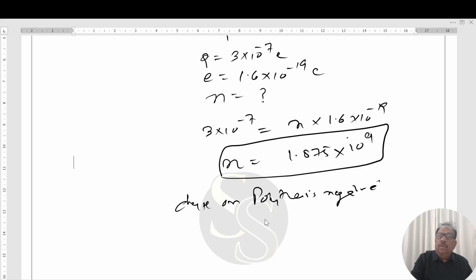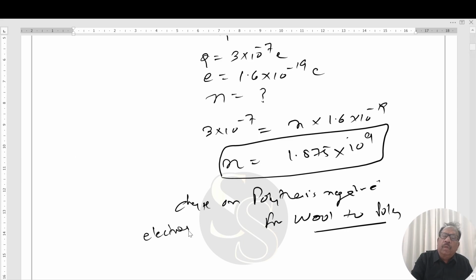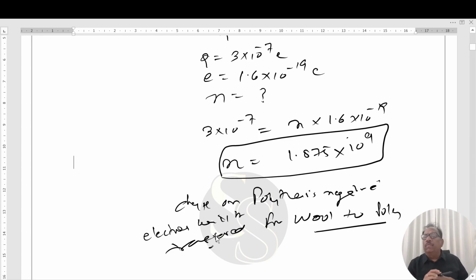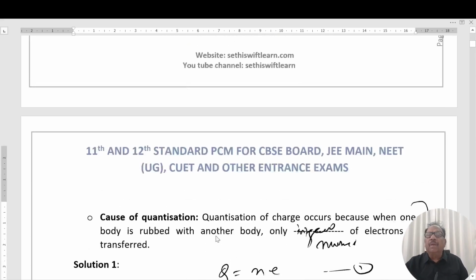Means from wool to polythene, electrons will be transferred. Electrons will be transferred from wool to polythene.